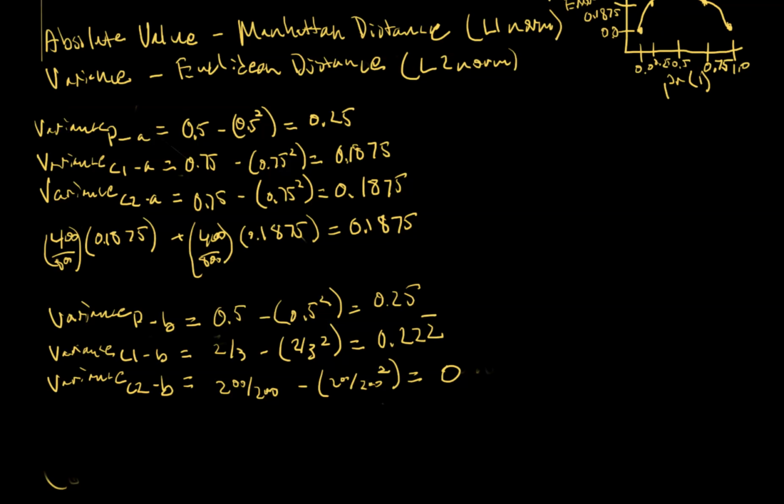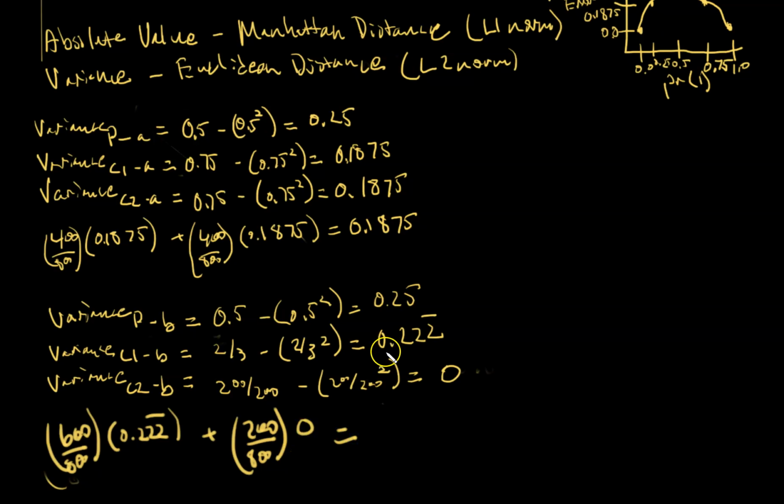So it's going to be 600 divided by 800 times 0.2222 repeating, plus 200 over 800 times 0.